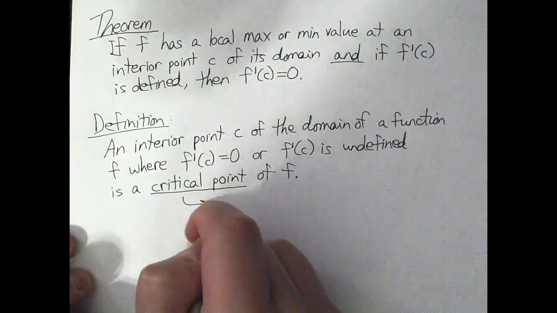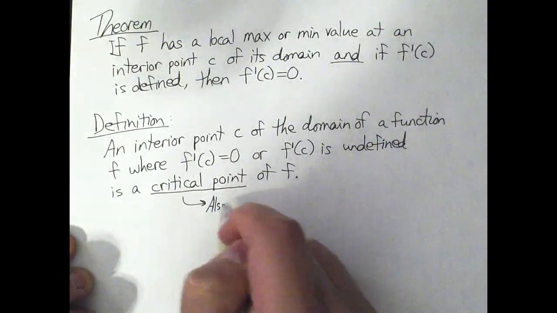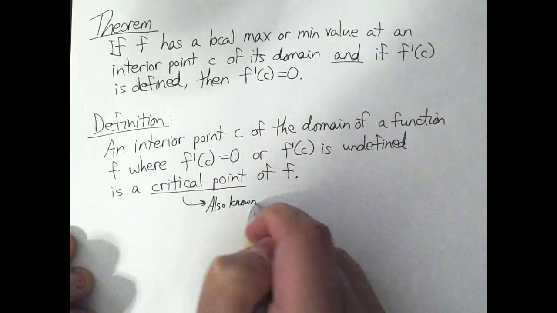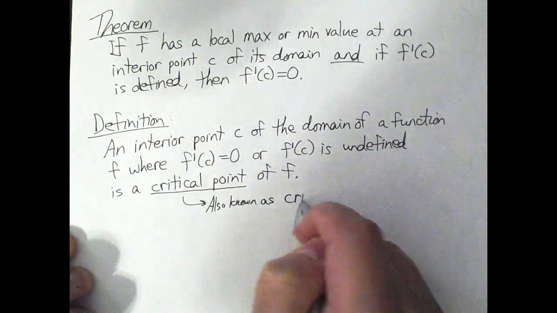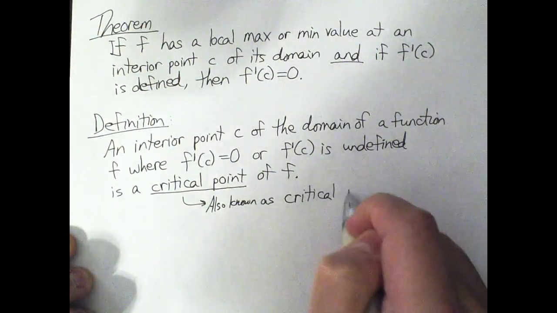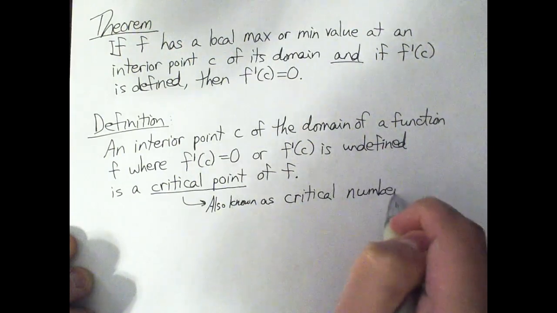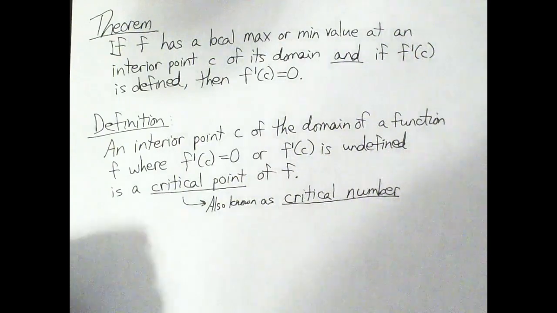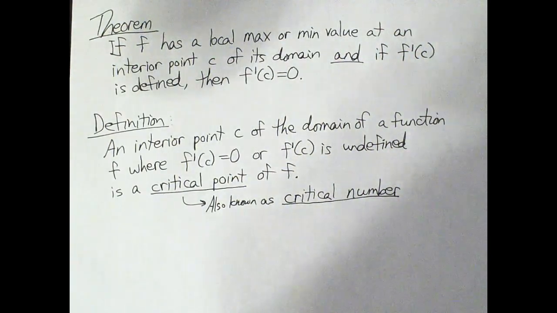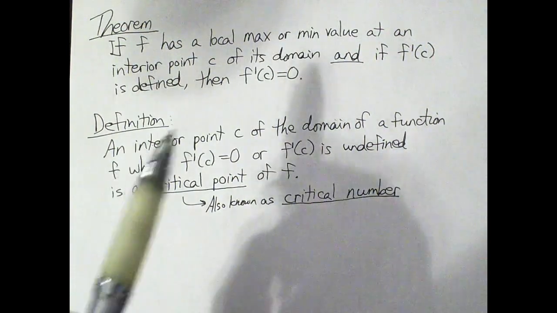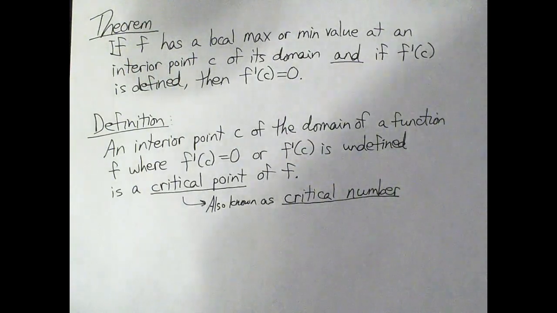Before we do any of that, I have to tell you that this is also known as critical number. And we might use those two phrases interchangeably. So if we say here's a function, find the critical points, or if I say here's a function, find the critical numbers, it's the same thing. It's the C values that we're interested in.